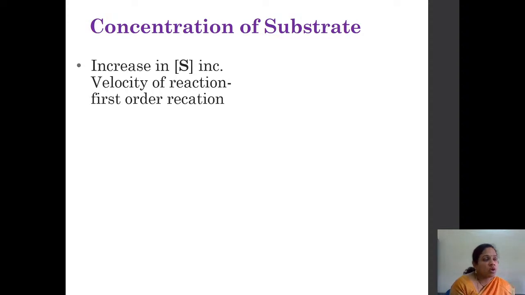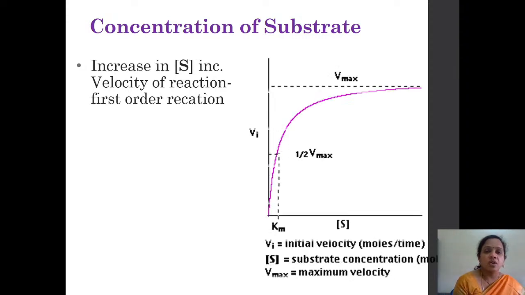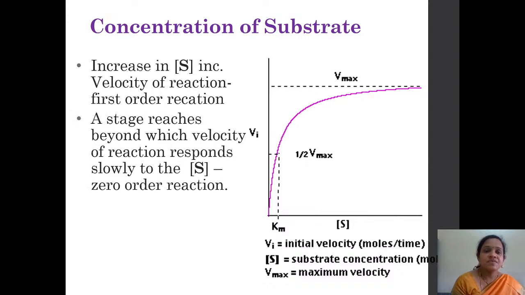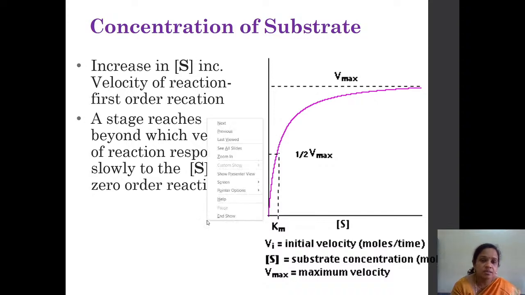In the meantime, some amount of product is formed and enzyme is released, but most of the enzyme is locked in that position. This is called first order kinetics. After some time, a stage is reached beyond which the reaction responds slowly to the substrate. Initially the enzyme is E and the substrate is S, so as the S increases, the velocity of the reaction will also increase.